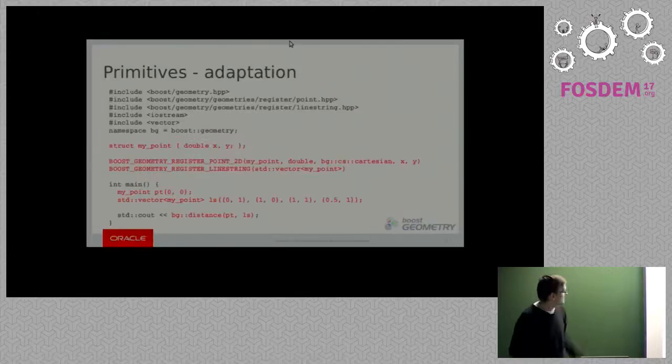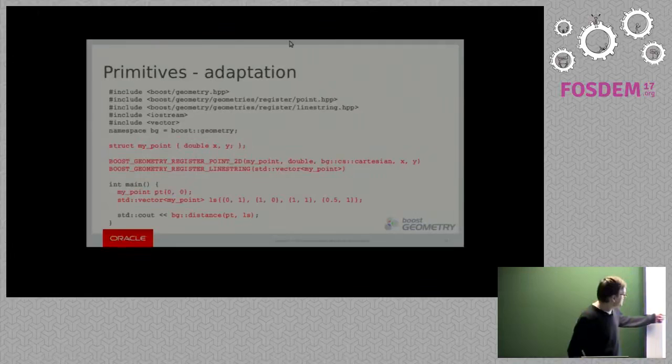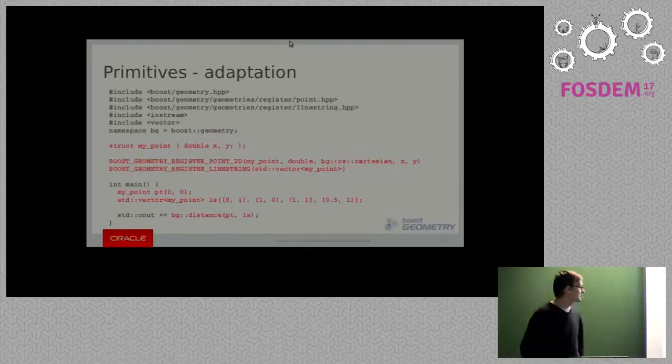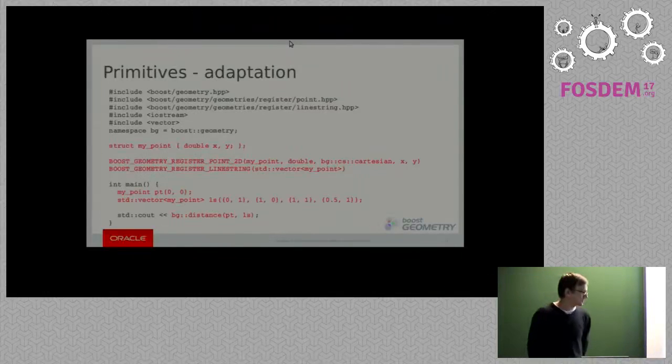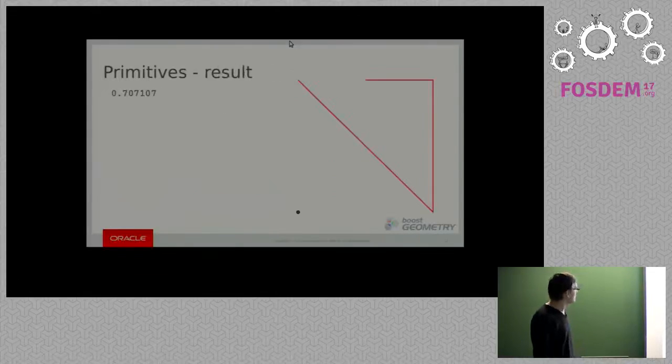So the first macro adapts my point to the point concept, and the second macro adapts vector of points to a line string concept. So I can use vector of points as line string. And then again, I'm creating a point, I'm creating a vector of points, which is now treated as a line string by the library. And again, I'm calculating some distance. So yeah, the distance is the same.